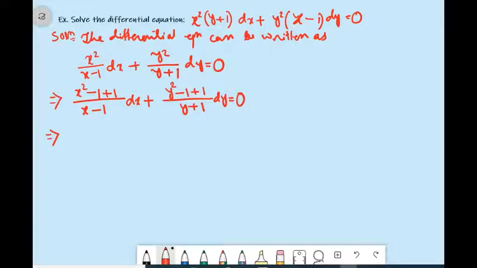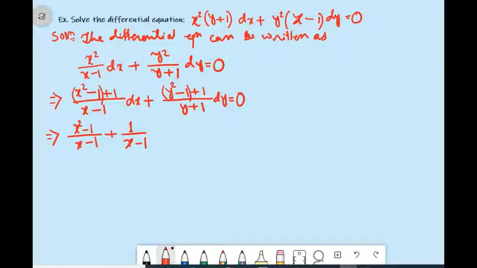Again, this can be written as (x² − 1) divided by (x − 1) plus, so we are separating this x² − 1 and 1. Here y² − 1, you can write like this within bracket. So (x² − 1) by (x − 1) plus this 1 which remains 1 by (x − 1).